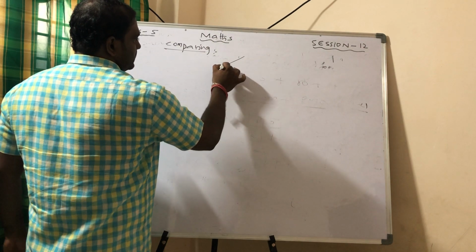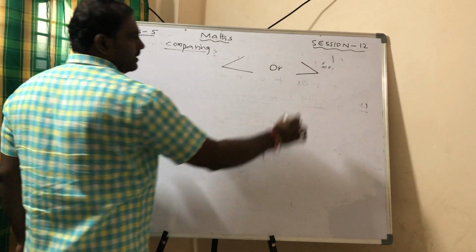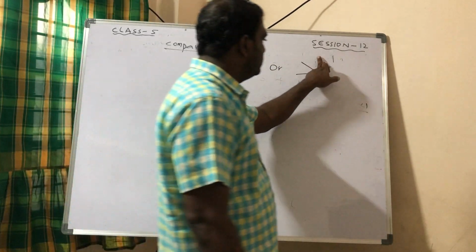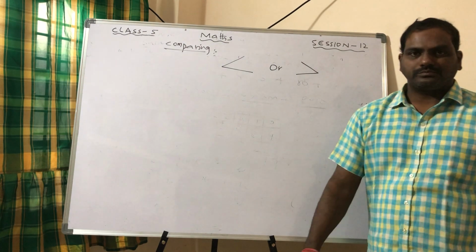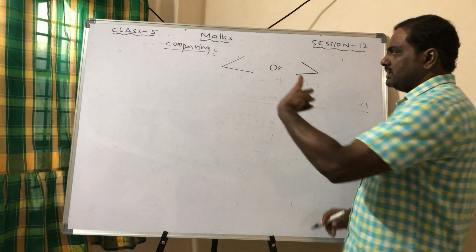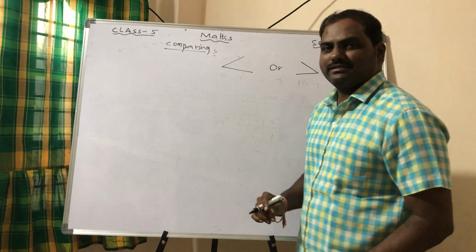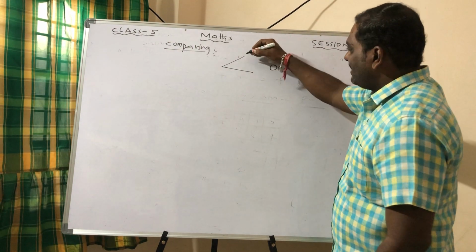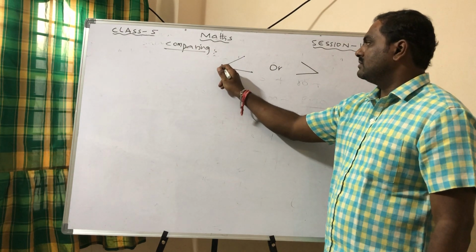So what is this? This or this. Both are used to indicate which is bigger. Look, the V is there, right? Don't go for the fancy style. Now this indicates 2 lines and 1 corner.